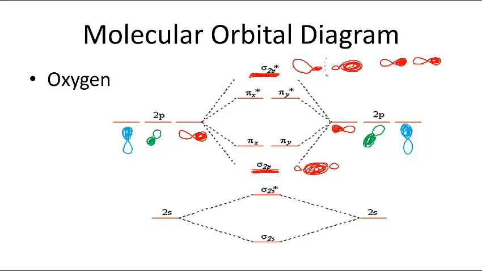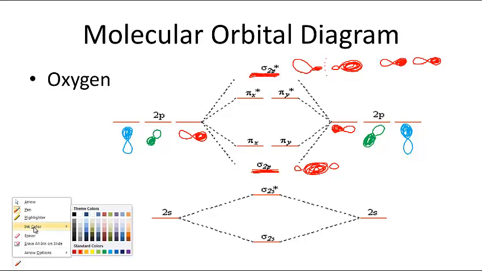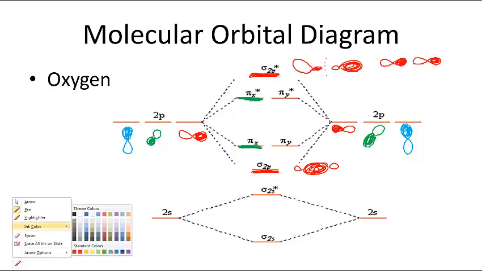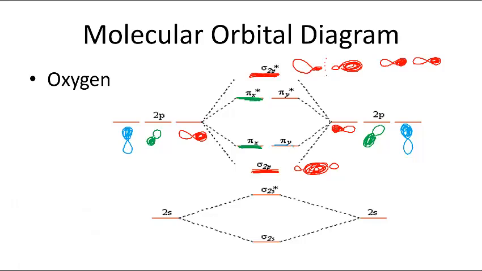What about the green ones? Those are parallel p orbitals. They will make a pi bond. So from the blue and green, we make a pi and a pi star. So the green ones can make this orbital and that orbital, and then the blue ones can make these two. All right. And pi bonding orbitals look kind of like hamburger buns.